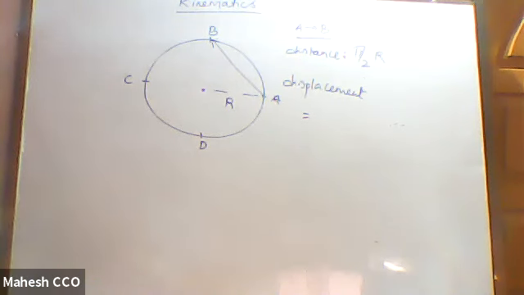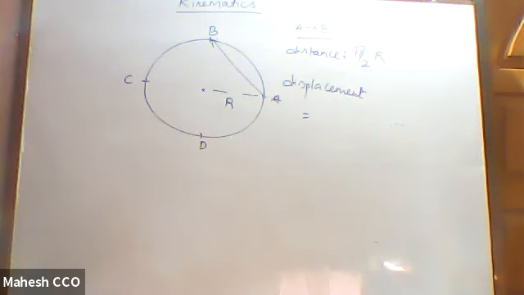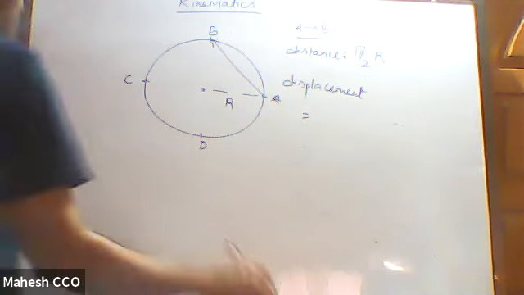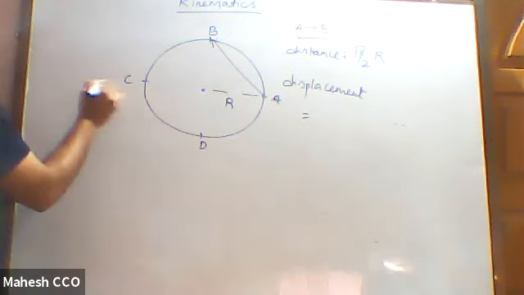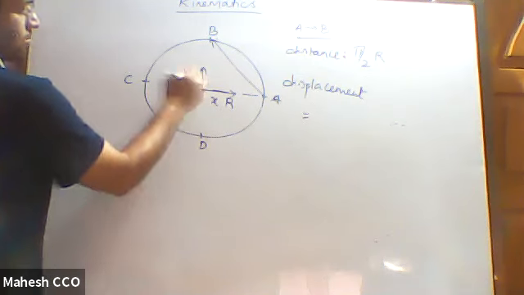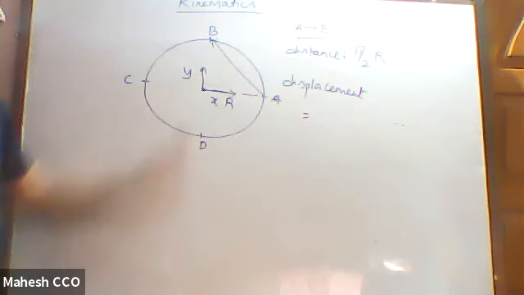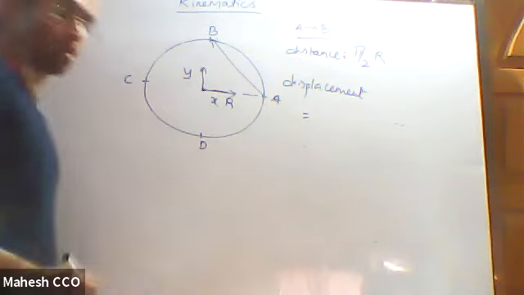However, displacement is a vector, so we have to write it in the vector form only. For that, may we choose this as x direction, this as y direction. Then it is quite obvious. Initial position vector is r times i cap. Final position vector is r times j cap. So final r2 minus r1.